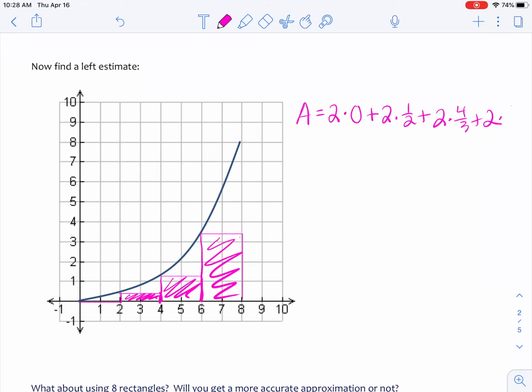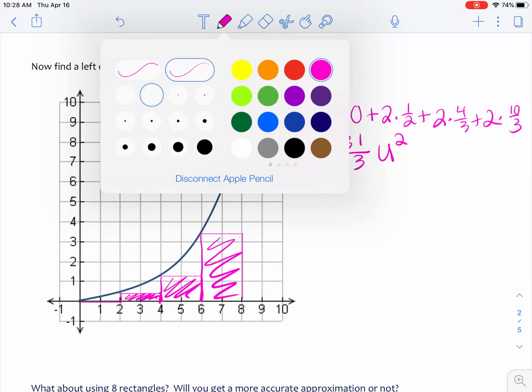And then the next rectangle, width of 2, height of 10/3. Plug this in our calculator. Our approximate left estimate area is 31/3 square units. If we want to use the notation for left estimate, it would be an L, and then we're using 4 rectangles. So our area as left estimate with 4 rectangles would be 31/3 square units.